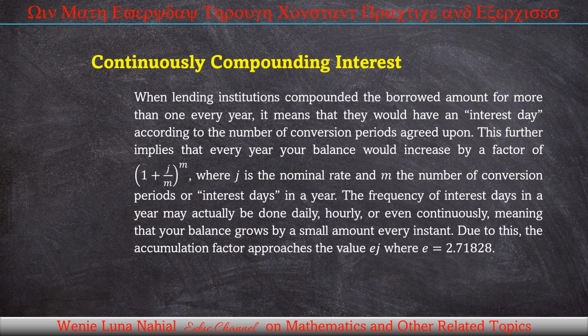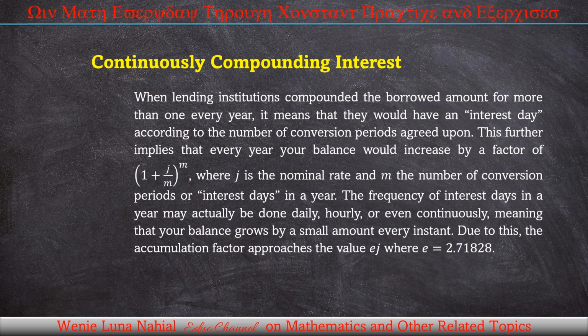When lending institutions compound the borrowed amount more than once every year, it means that they would have interest days according to the number of conversion periods agreed upon.